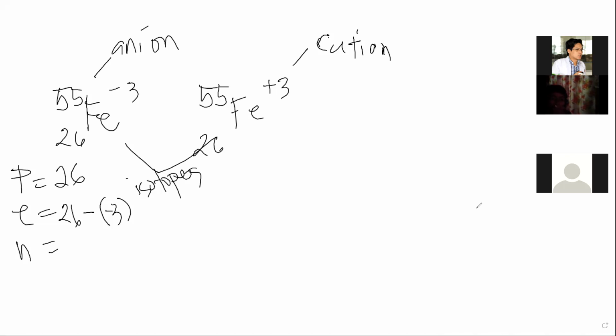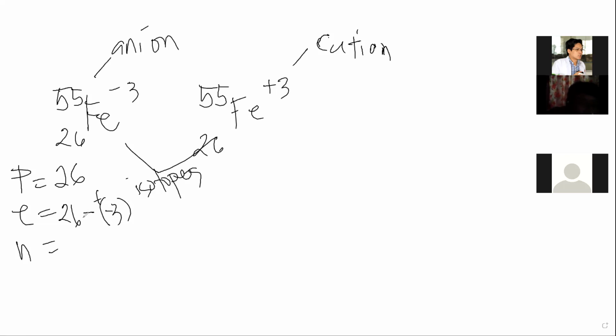Okay. In order to get your electrons, it is actually the atomic number minus the charge. Since the charge here is negative 3, 26 minus negative 3 will become positive, based on the integer properties. Right?